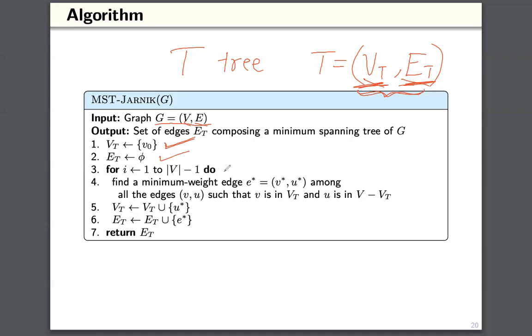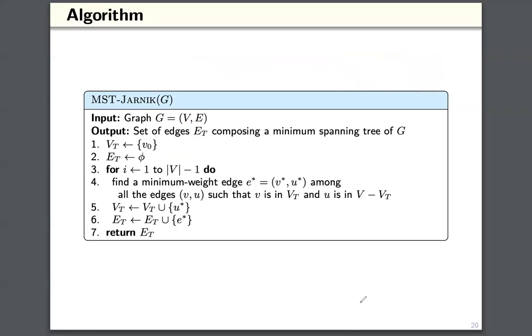Then you have a for loop that runs for n minus 1 times, and in each iteration, you will pull in one vertex and one edge into your tree. Let's see how we do this. You find a minimum weight edge, right? Shortest edge, such that one endpoint is in VT, another endpoint is not in VT.